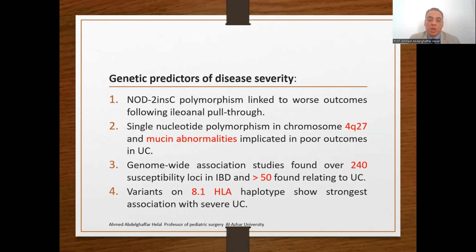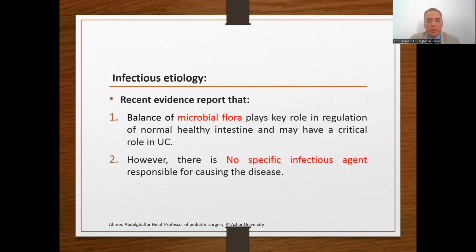Also, a variant on the 8.1 haplotype shows the strongest association with severe ulcerative colitis. This genetic association may suggest that the disease is a genetic one, or that there is a genetic relationship. So some children are more susceptible to being affected by this disease.